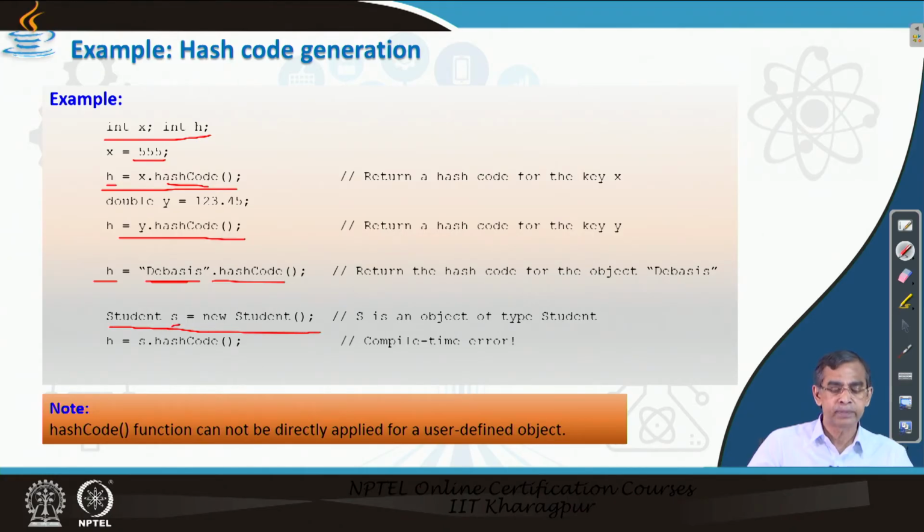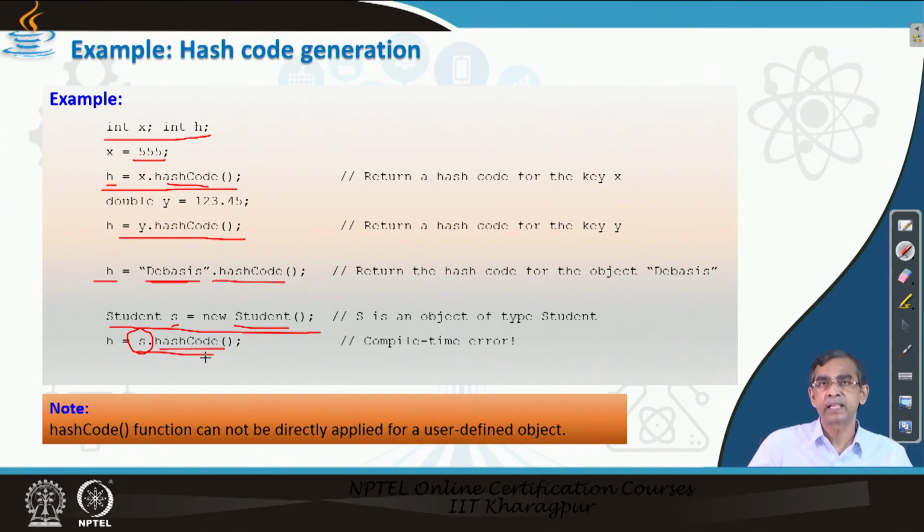Now, as another example, let us consider this. s is an object of class Student. Now, s.hashCode() we can obtain, which is the hash code of this object s, but this is possible only if we define our own hash code for this object. Otherwise, calling this may sometimes give you a compile-time error, which should be avoided, because it tries to give the default hash code, which compile time does not accept.